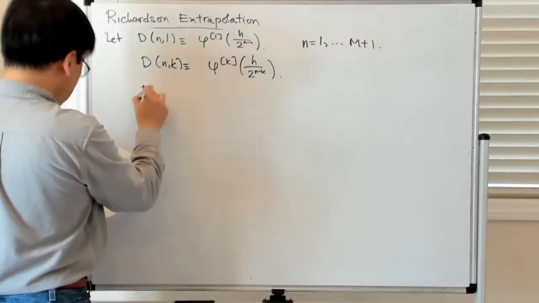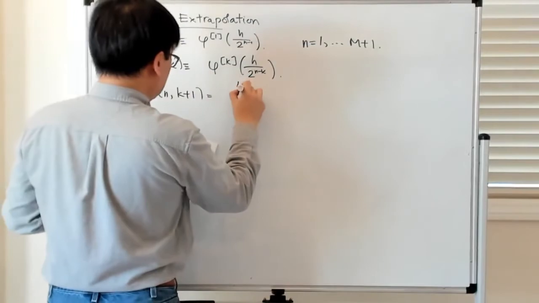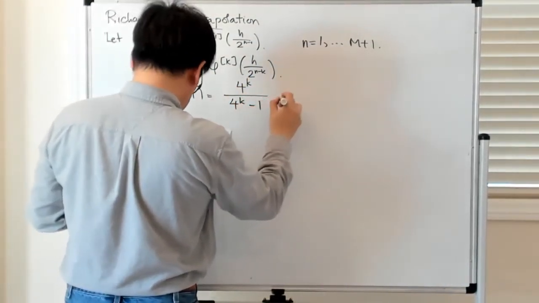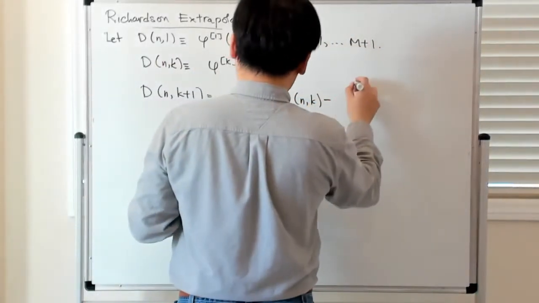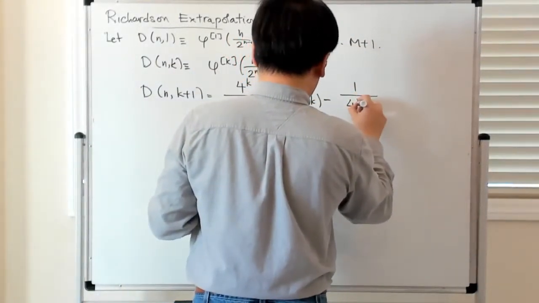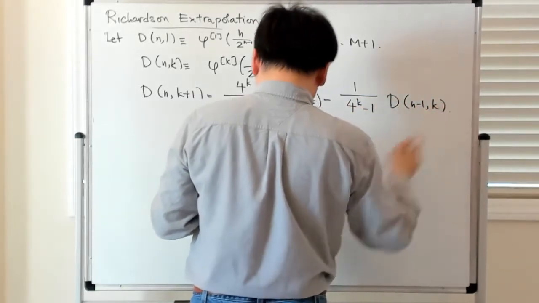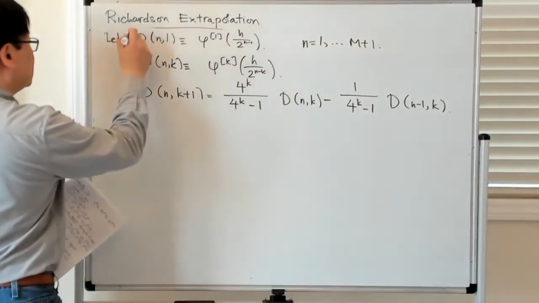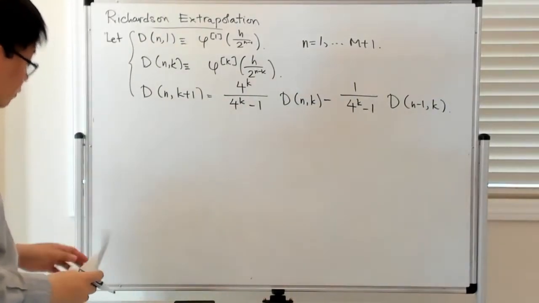So D(n,k+1) is equal to 4 to the k over 4 to the k minus 1 times D(n,k), minus 1 over 4 to the k minus 1 times D(n-1,k). Okay, so that's the relationship. And then once you have these, you can write down an algorithm for this.